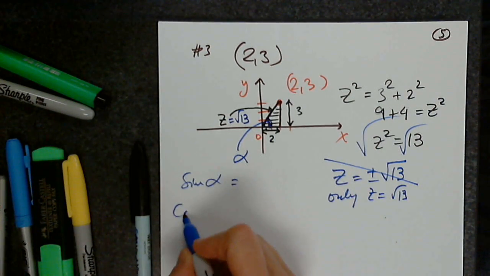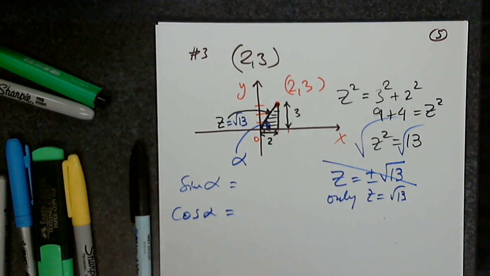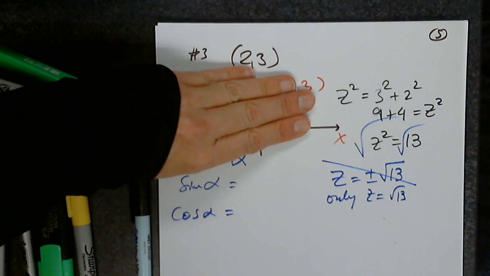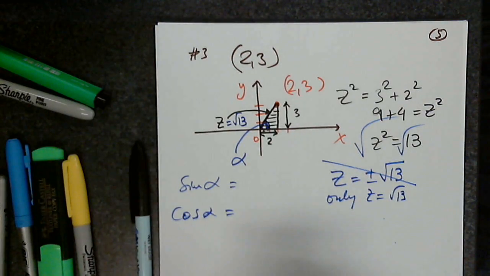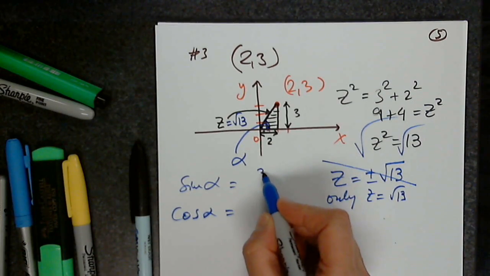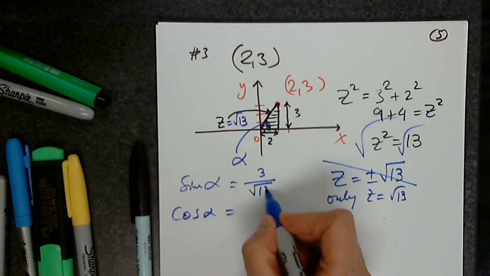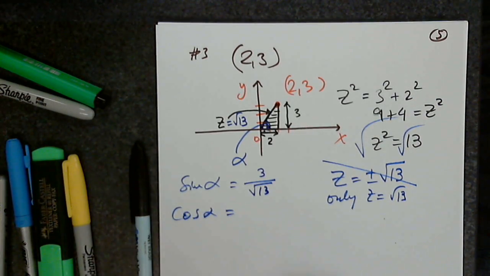So sine alpha, cosine alpha, that's all I need, because the rest I know how to find them. I don't need the triangle anymore. Once I have sine and cosine, I have the other 4. Can anyone dictate sine? Sine is 3 over square root of 13. Very good. And how much is cosine? 2 over square root of 13.